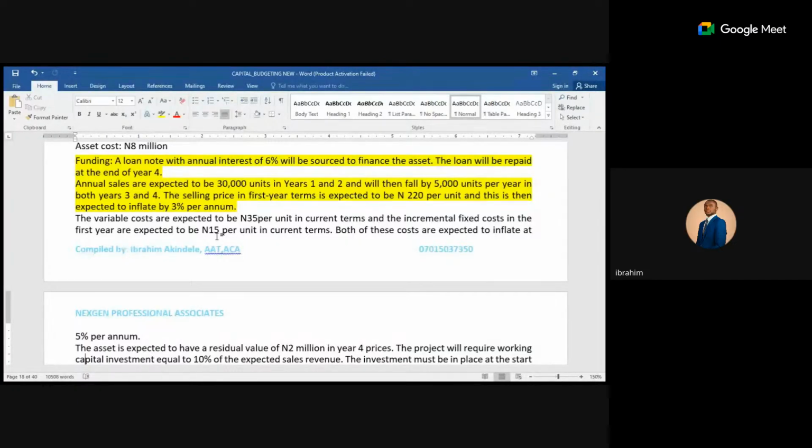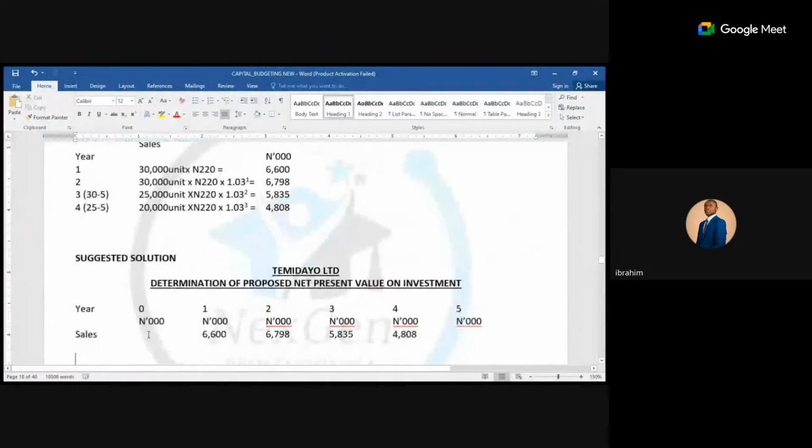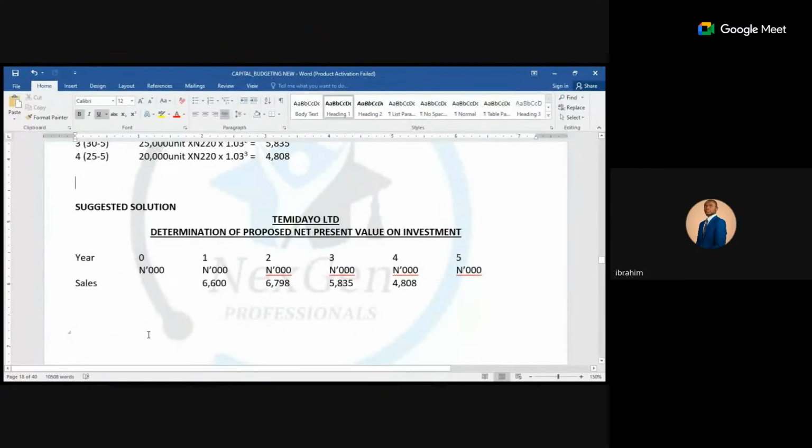Now let's go with the variable cost first.